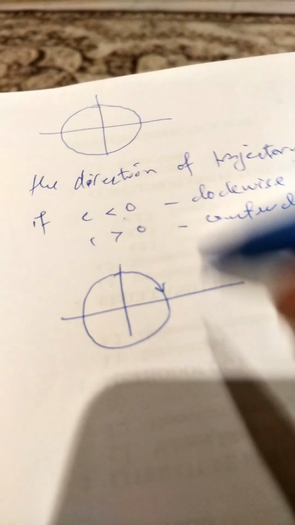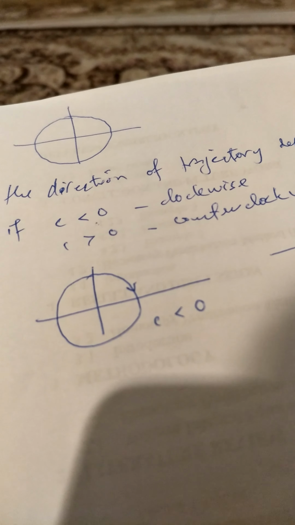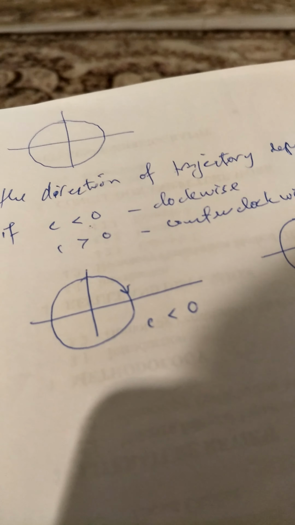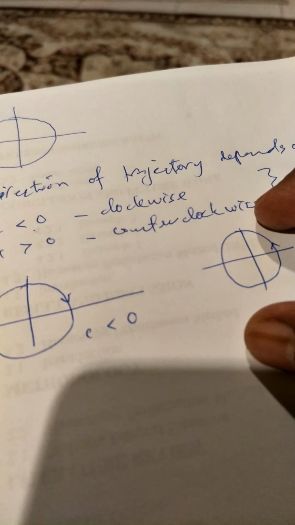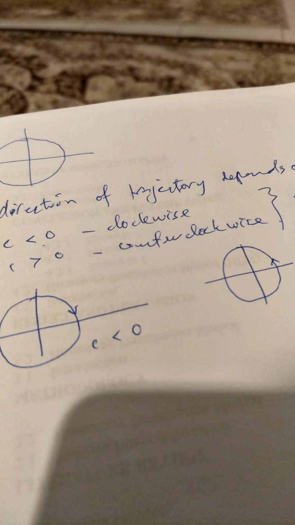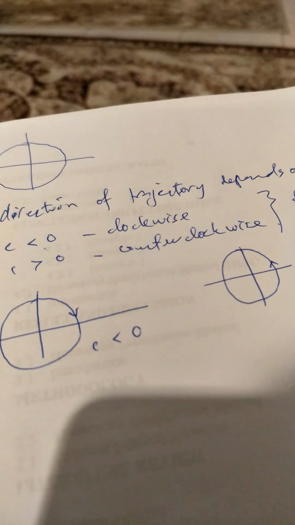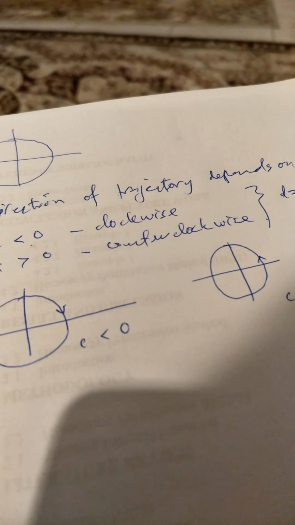This is for c negative, and for c positive, we have a circle and the direction is that side. This is for the transform system. For the original system, if it is transformed into an ellipse, then the direction is still the same.